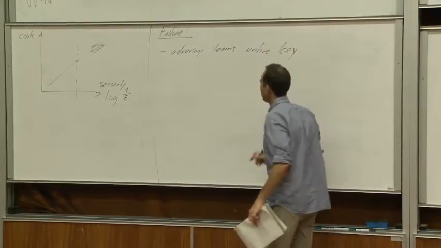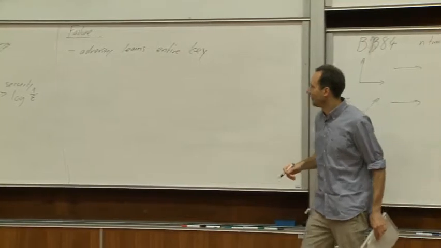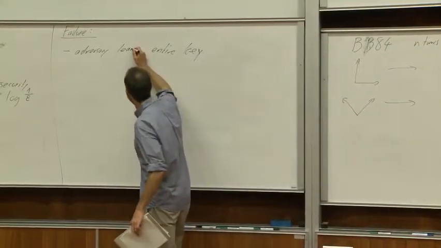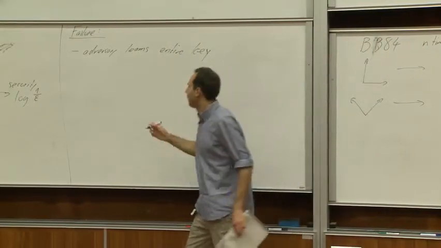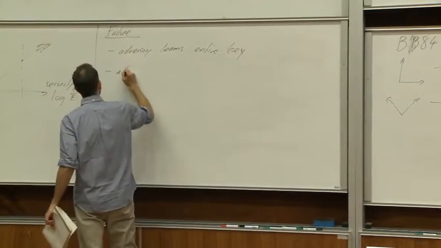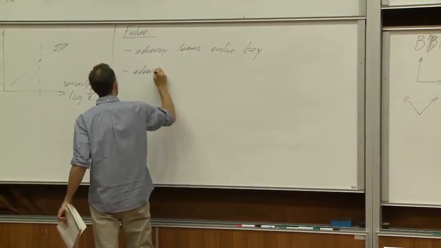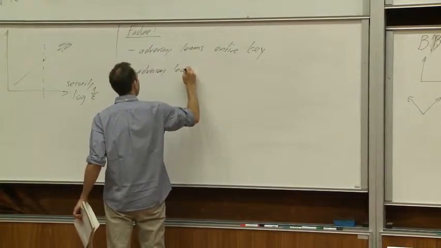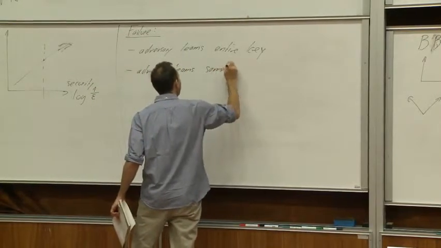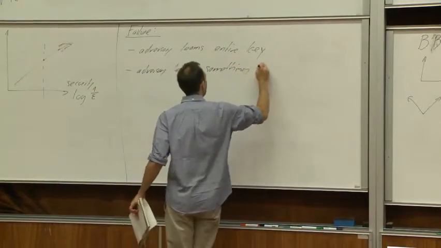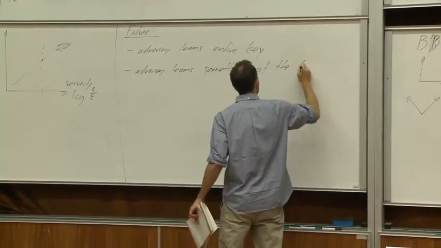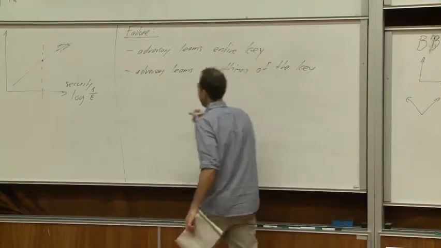However, that would not be sufficient to define our security, because failure could also mean that the adversary learns something, for example, 1 bit of our key. So that could be another type of failure.